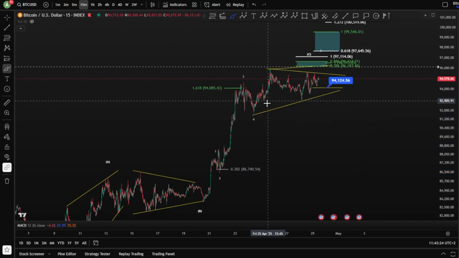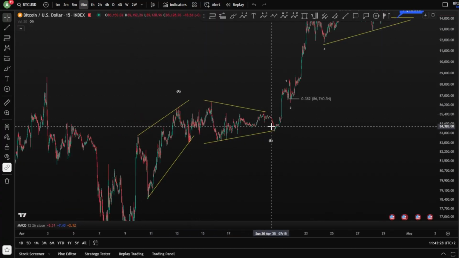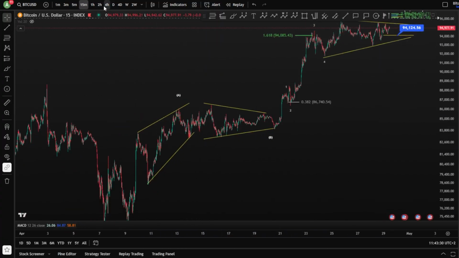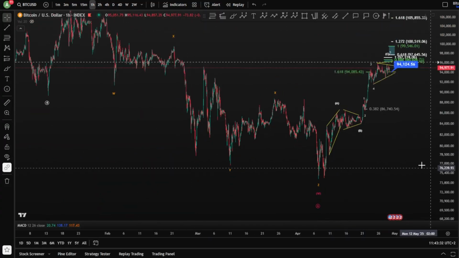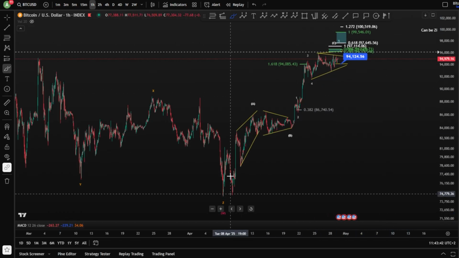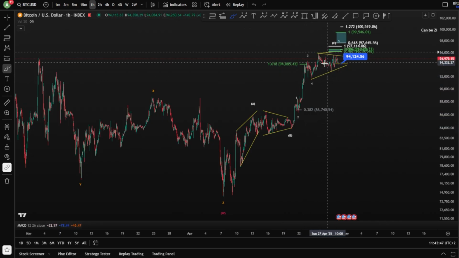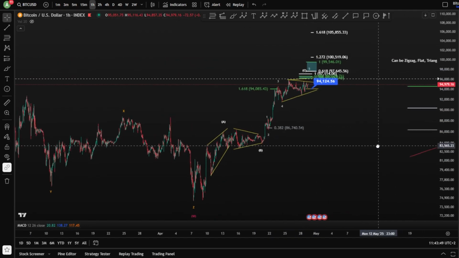And anyways, this scenario is there because, of course, we have a potential A, B, and a C here, and not an impulse, right? An ABC because you're still under the 1-to-1 fib level. You did not reach the minimum target, which is 1.27 for a wave 3. So definitely we are corrective, and this weakness here shows something very interesting.